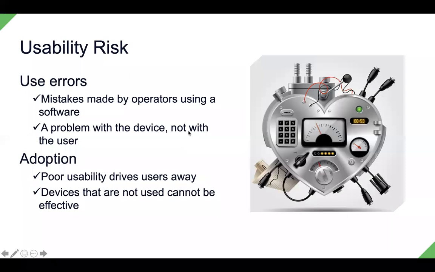And that's really a paradigm shift that we're seeing in the medical software world, where the onus is being placed on the device developers to understand that and not blame the user when something goes wrong.